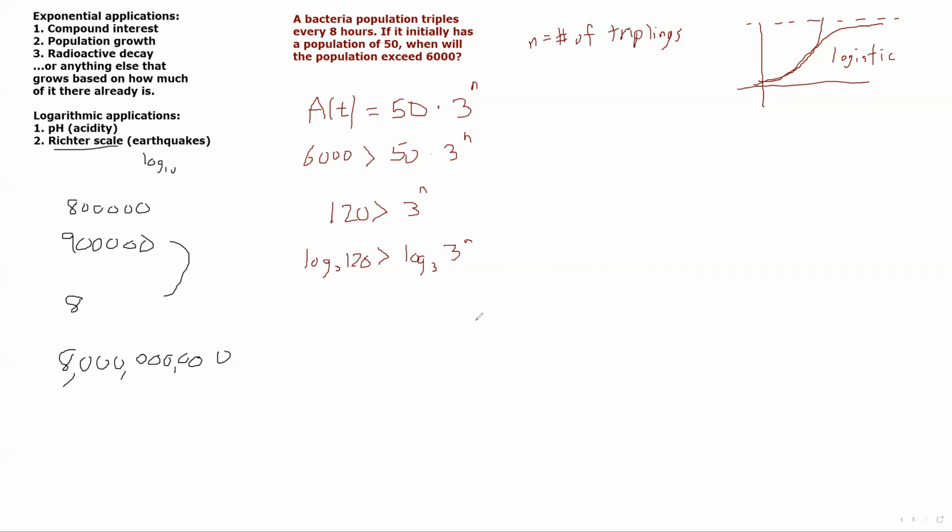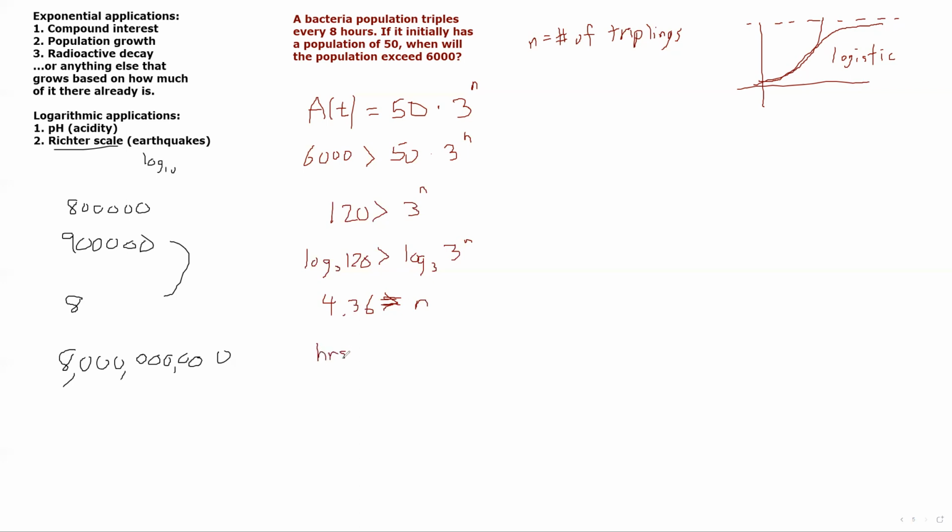So the right side of that is going to be 4.36 is greater than n. So basically the cutoff point is going to happen at 4.36. But that's not hours. That's how many times it triples, and it triples every 8 hours.